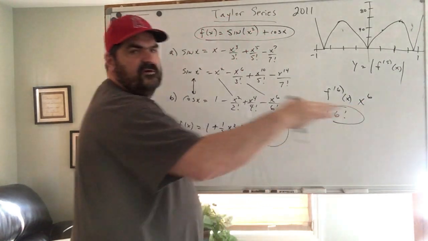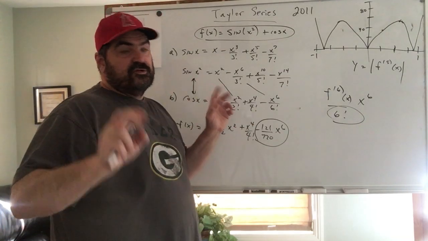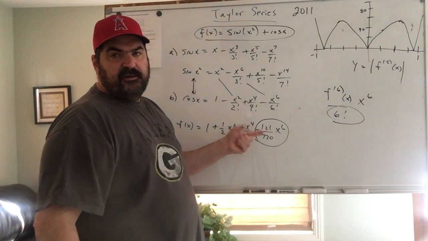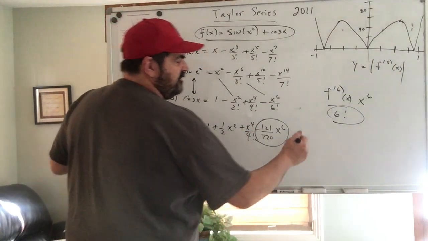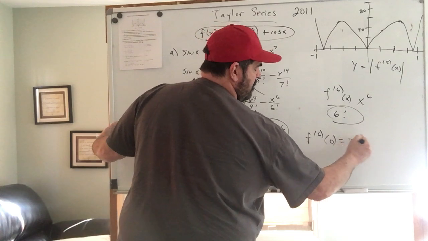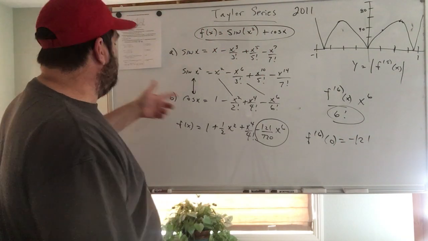This 6 factorial could be underneath either part. I kind of gave you the shortcut in class, saying you take this number factorial times that. My answer is going to be negative 121.